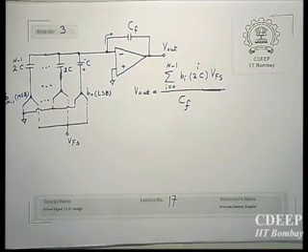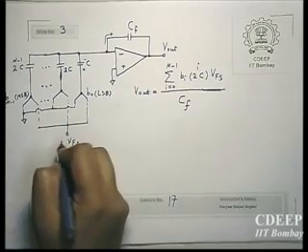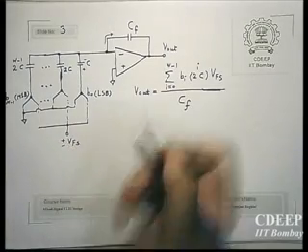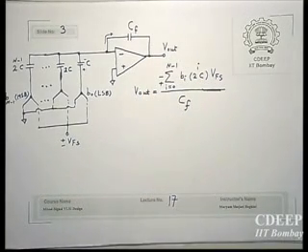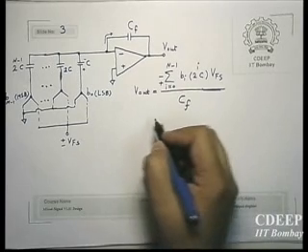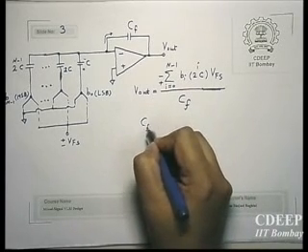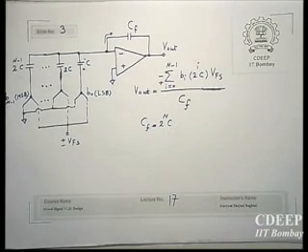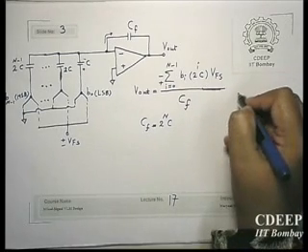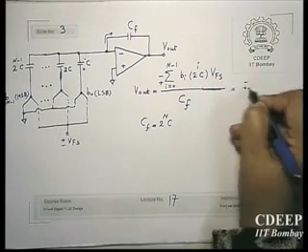So accordingly, whether you put here plus V full scale or minus V full scale, here you will get minus or plus. That's why we put it here. And then if we want to get the same relation that we had previously, then we should choose CF equal to 2 to the power n into C to give us exactly the same value. And therefore, it will get simplified by this range.